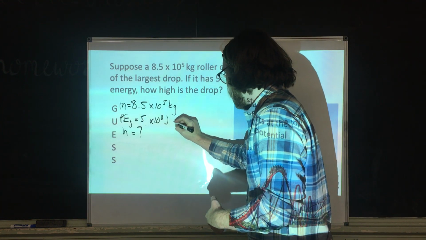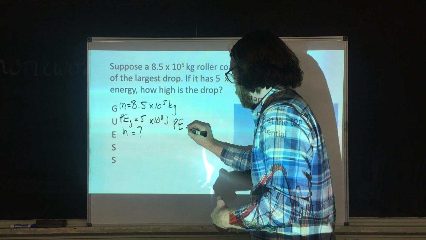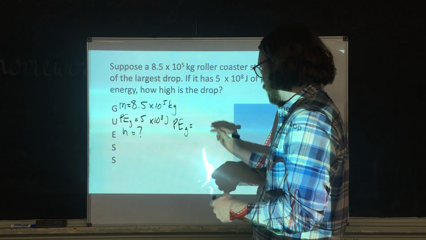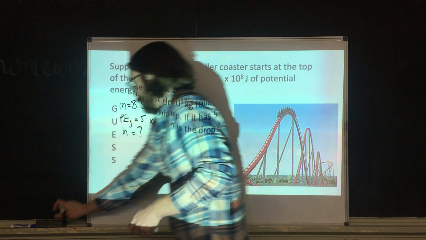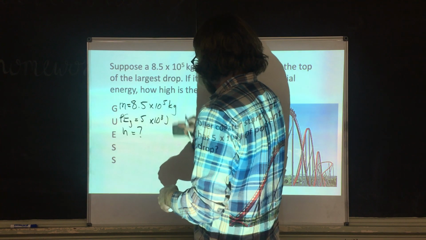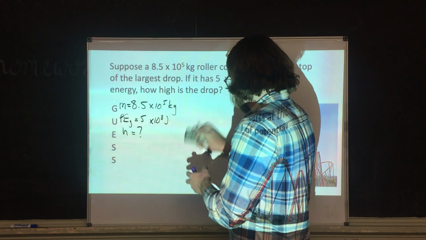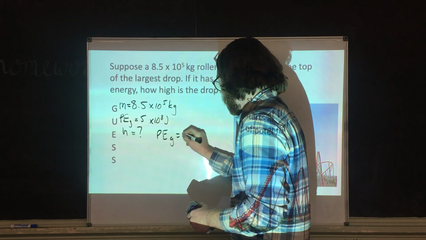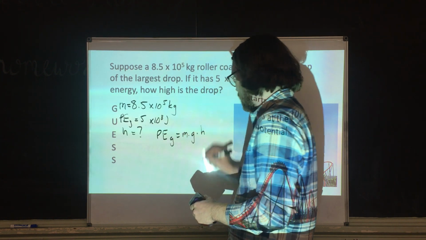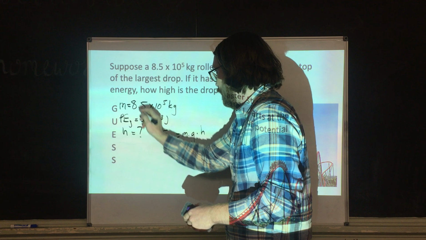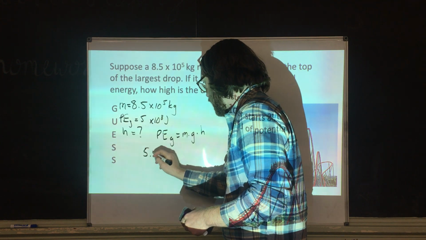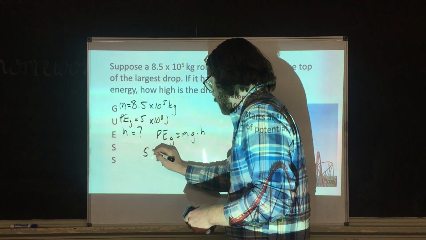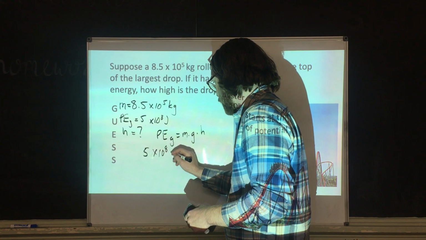In this case, potential energy due to gravity is equal to mass times little g times the height. My potential energy due to gravity is 5 times 10 to the 8th.